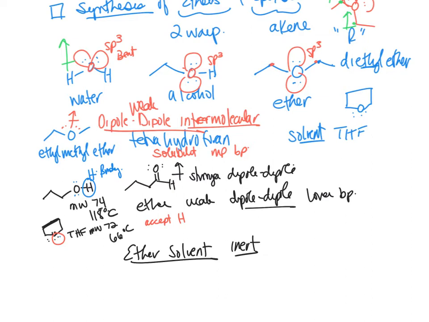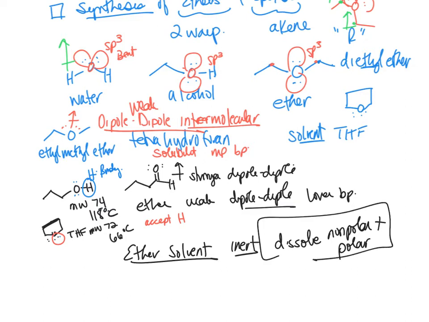So the nice thing about ether solvents, they can dissolve both nonpolar and polar substances. And this is important because a lot of your organic starting materials have a lot of carbon, which makes it nonpolar. And then there's also functional groups that make it polar. A lot of your reagents are polar.